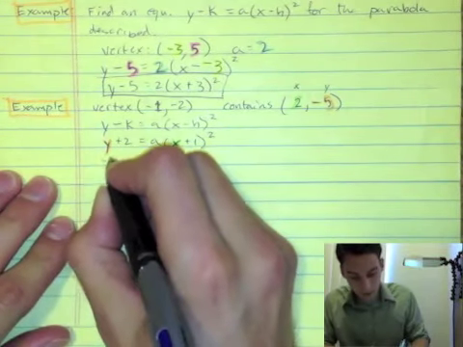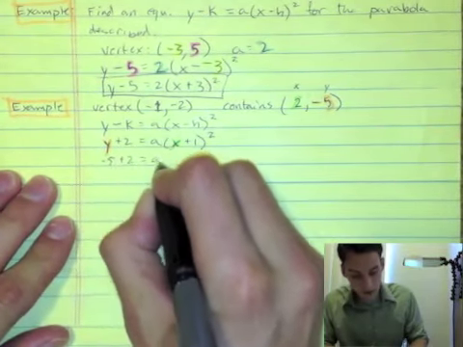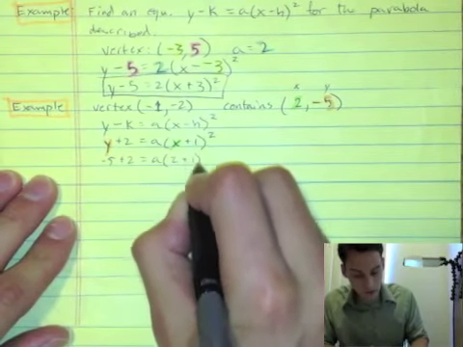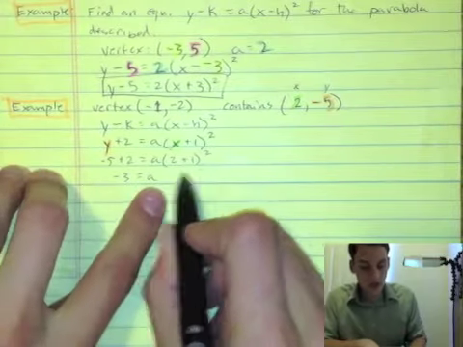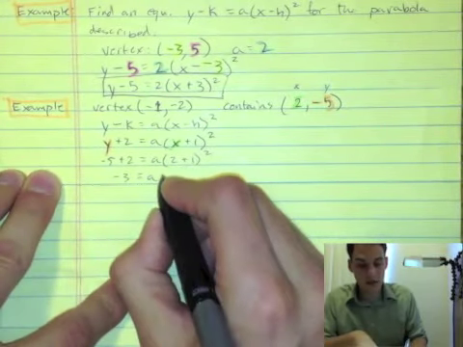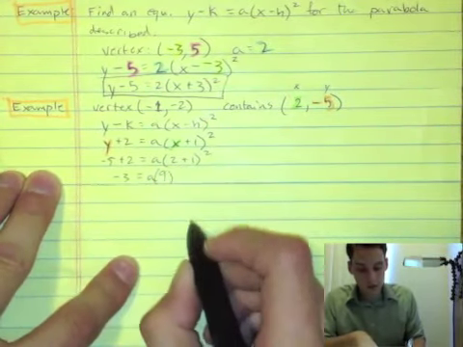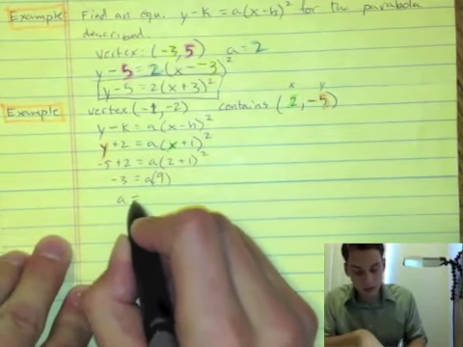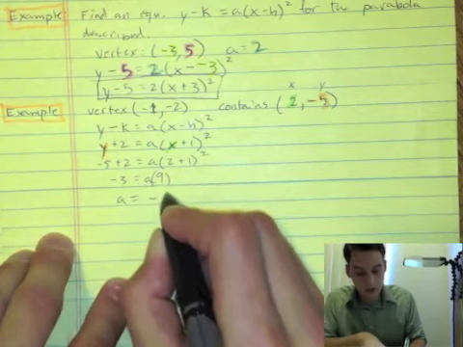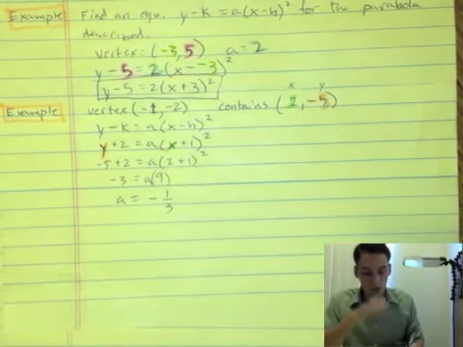If I plug these in, I'll be able to solve for A. So -5 plus 2 equals A times 2 plus 1 squared. This will be -3 equals A times 3 squared, which is 9. So divide both sides by 9, and A equals -1/3.